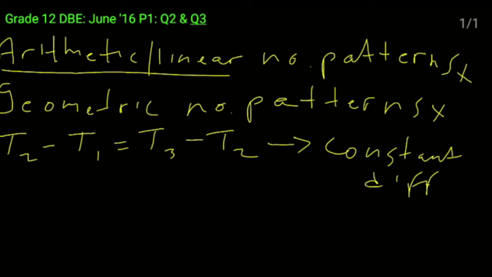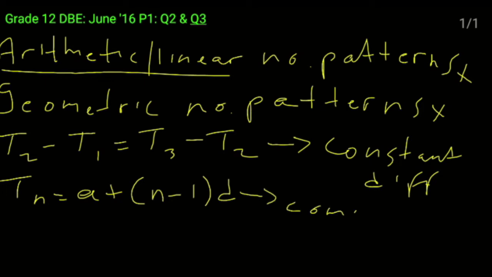Now, the formula used for arithmetic number patterns is Tn equals a plus open bracket n minus 1 close bracket times d, where your d is called your common difference, and then your a is called the first term.